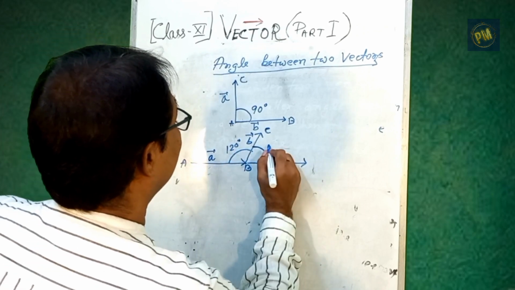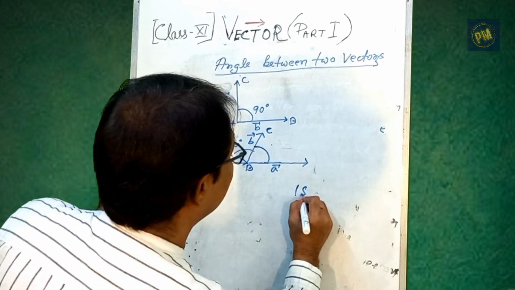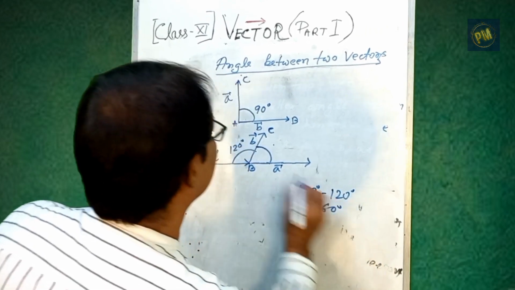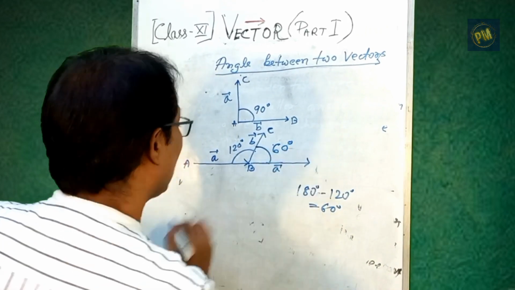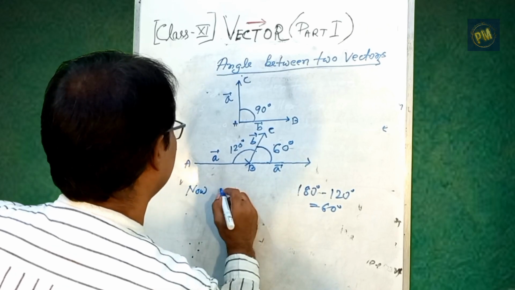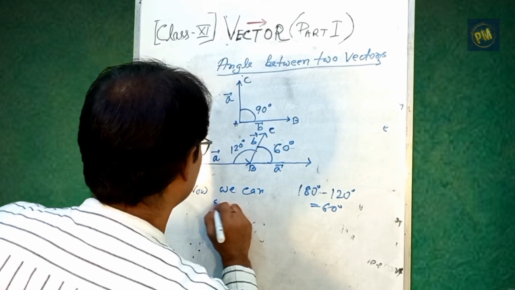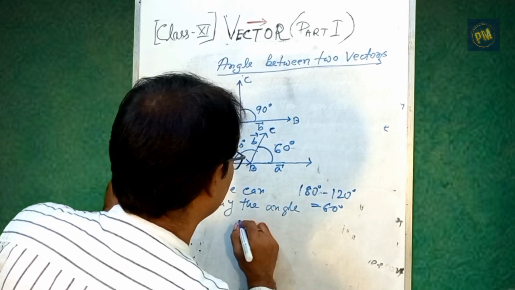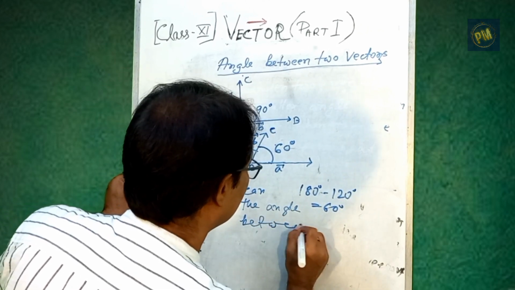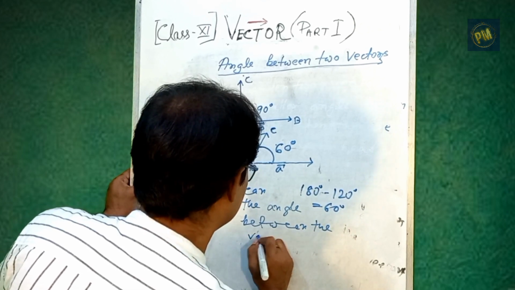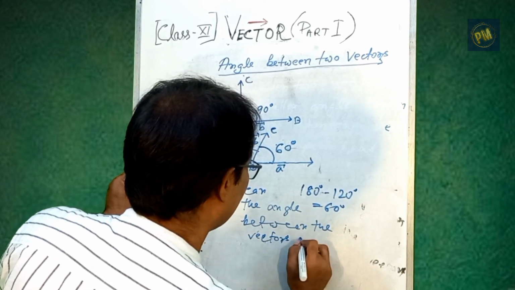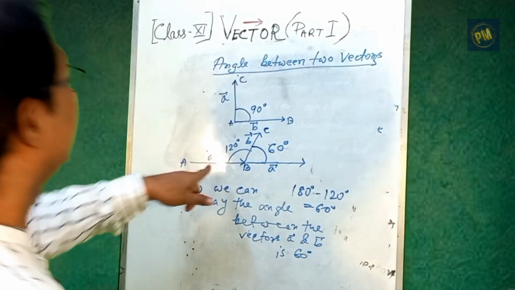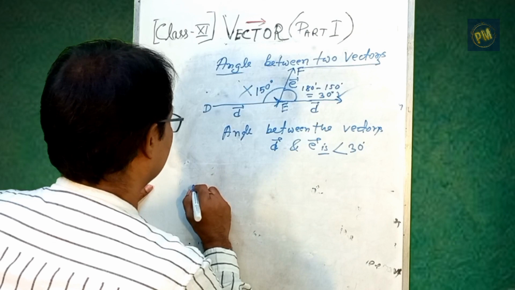So 180 minus 120 is equal to 60 degree. So this angle is 60 degree. So now we can say the angle between the vectors A and B is 60 degree, not 120 degree.